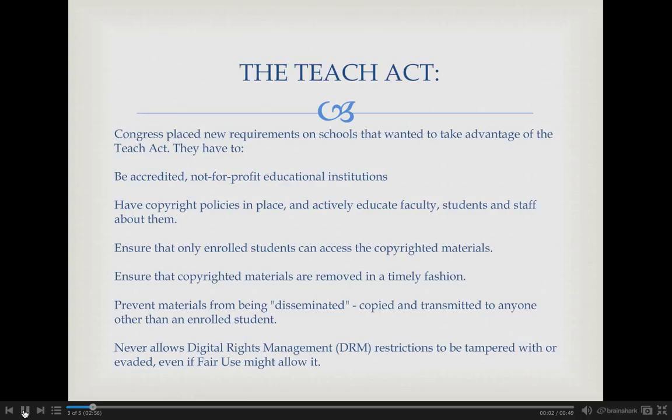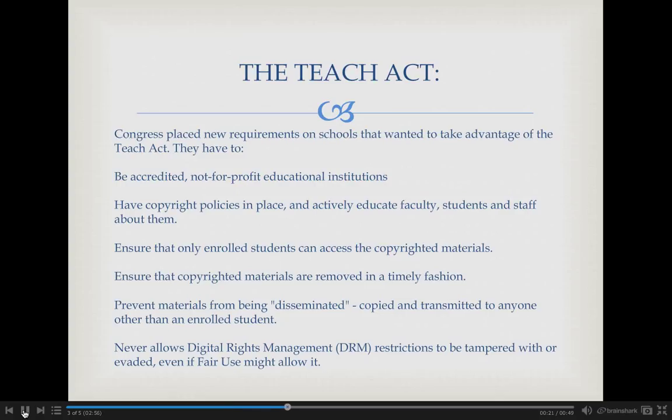Congress placed new requirements on schools that want to take advantage of the Teach Act. They have to be accredited non-profit educational institutions, have copyright policies in place, and actively educate faculty, students, and staff about them.